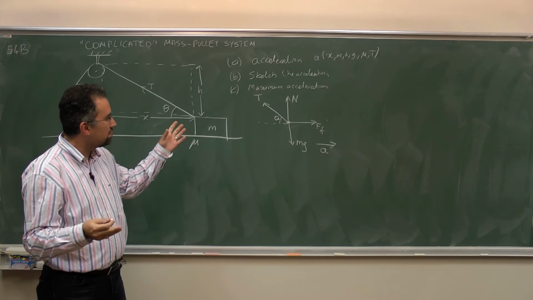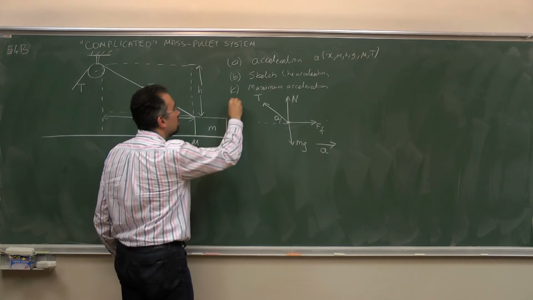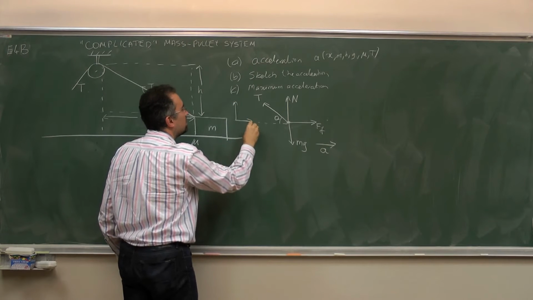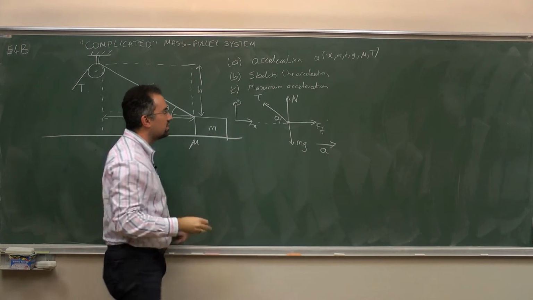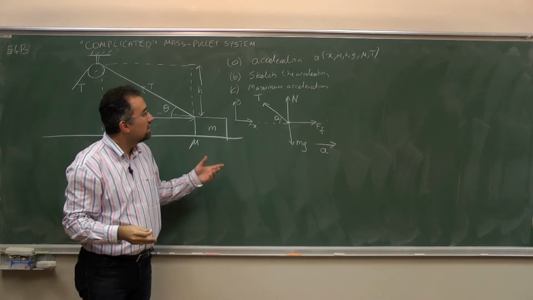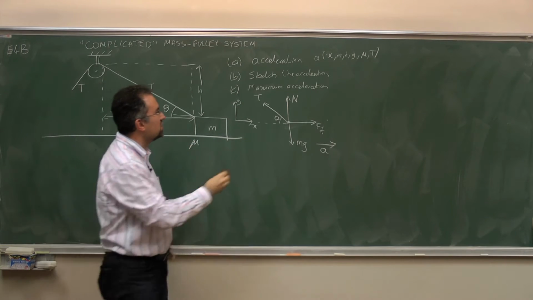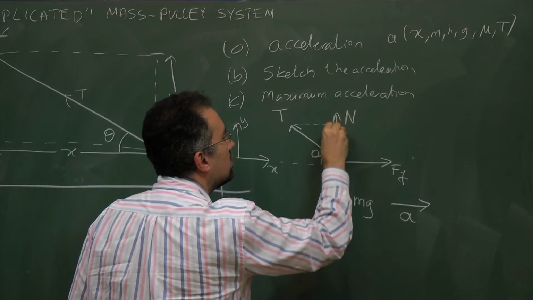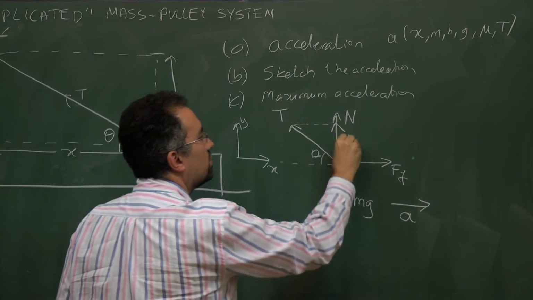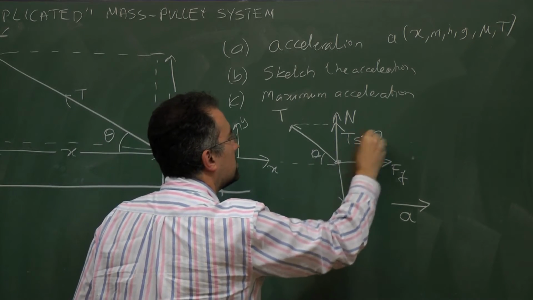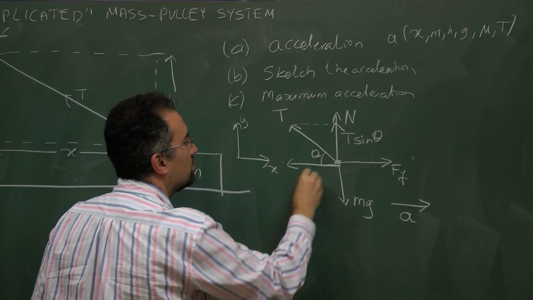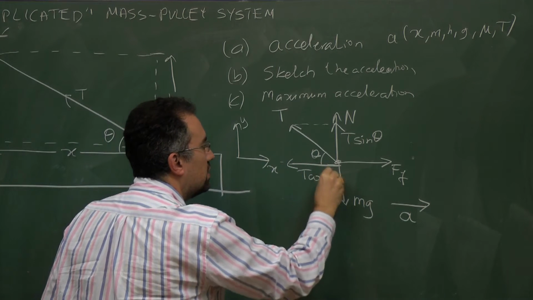Except T, everything is parallel to my axes. So I will have to separate just T into its components. This is going to be T sine theta, and this component is going to be T cosine theta.